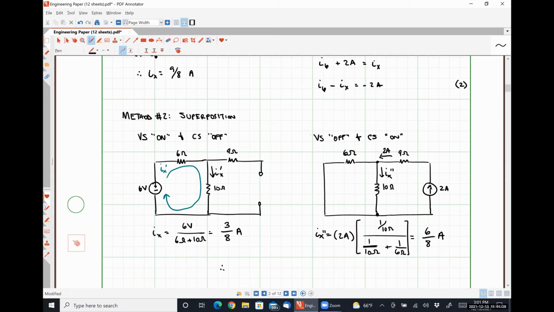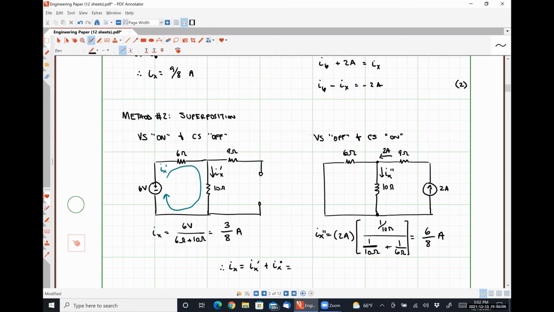When you confirm that result, if this circuit is obeying the additivity or superposition principle, IX, which represents the current through that 10 ohm resistor with both sources on, should simply be IX prime, the current flowing through the resistor with just the voltage source on, plus IX double prime, which is the current flowing through the resistor with just the current source on.